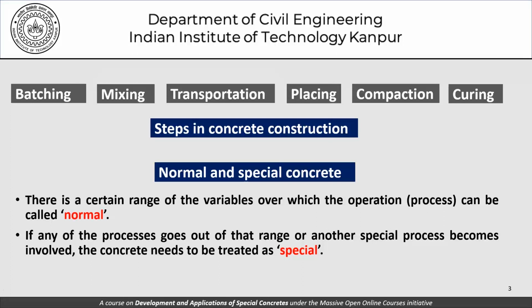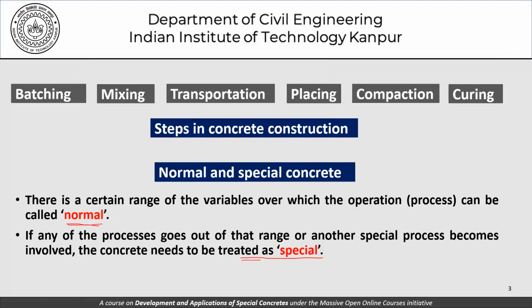All these processes have certain ranges, and within that range, concrete can be called normal, or the concreting operation is normal. And if one of these processes goes out of that normal range, the others have to be adjusted accordingly, and then the whole thing has to be treated as a special process.